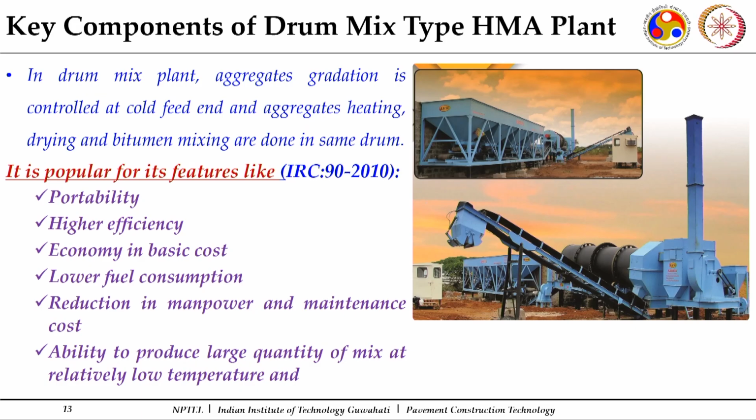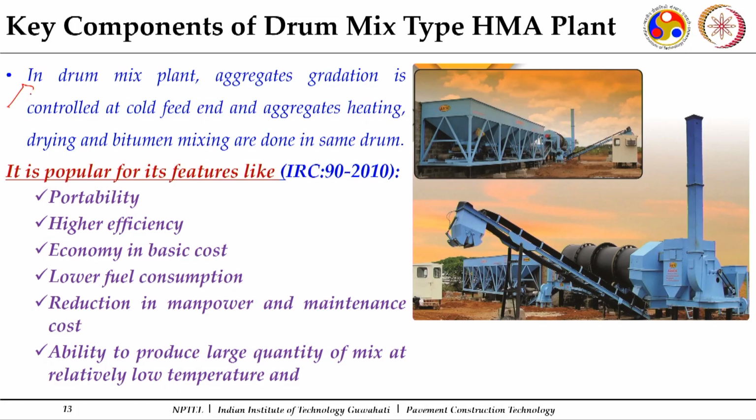Otherwise, for a smaller production capacity and a smaller project where installation is challenging and cost is certainly a concern, the drum mix plant is also quite popular, and by taking care of all the operations during the drum mix plant, a good homogeneous mix can be produced through it also.